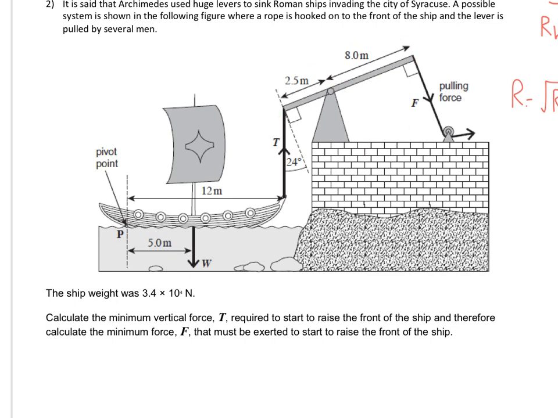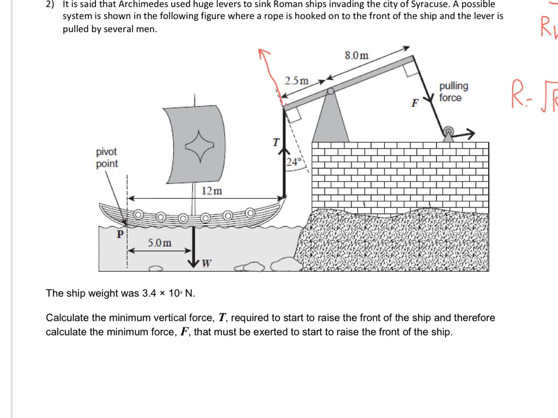Essentially, that's going to cause a force going upwards in that direction there, because it's essentially in the opposite direction to this. If it is pulled around that way, it's going to cause it to rotate, which causes that one to go up there. But to rotate this ship, we need to apply a certain tension such that its moment is going to cause the ship to rotate.